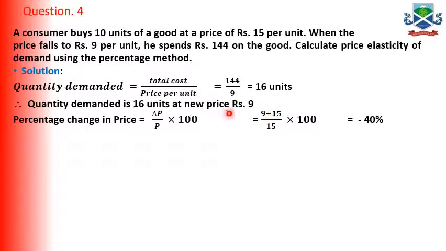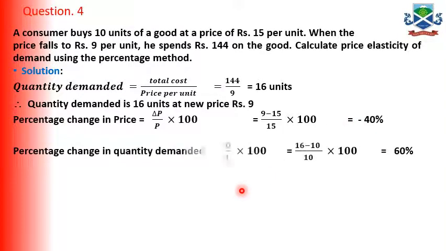Now the percentage change in price is equal to delta P, that is change in price divided by original price, into 100. If you calculate it, you will get (9 minus 15) by 15 into 100, which is equal to minus 40%. The percentage change in quantity demanded is again delta Q by Q into 100.